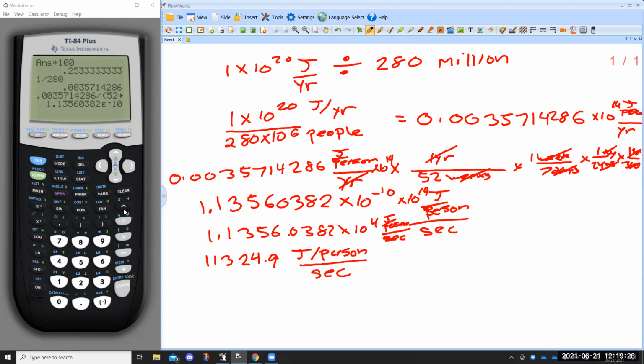Like we said, let me just try that again here. If we have 1 times 10 to the 20th divided by, and in parentheses, we have 280 times 10 to the 6th times 52 times 7 times 24 times 3600.